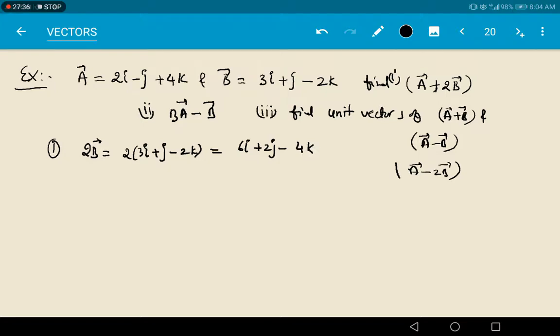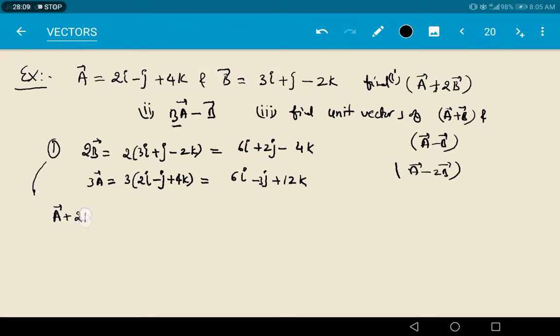And then what do we require? 3a is required. Let us find out 3a also. So 3 into 2i minus j plus 4k, 6i minus 3j plus 12k. And 2b bar we already got, no? That's no problem.